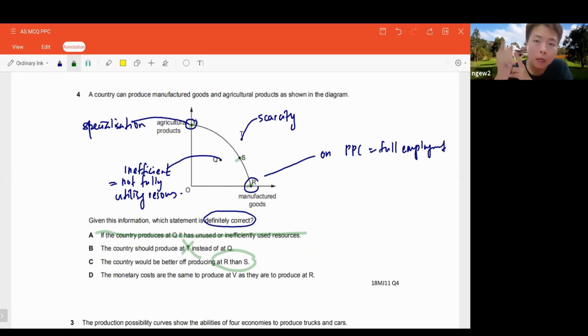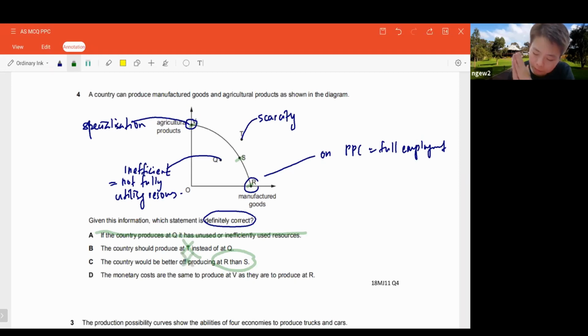But if you look at combination S, the country produces a mixture of agriculture and manufactured products. So, personally, I would say, without further context given, maybe this country is involved in trading, and whatever advantage they enjoy, comparative advantage or whatever, producing both allows your citizens to enjoy both goods. So therefore, we really cannot tell which point is better. You need more information to decide that, okay?